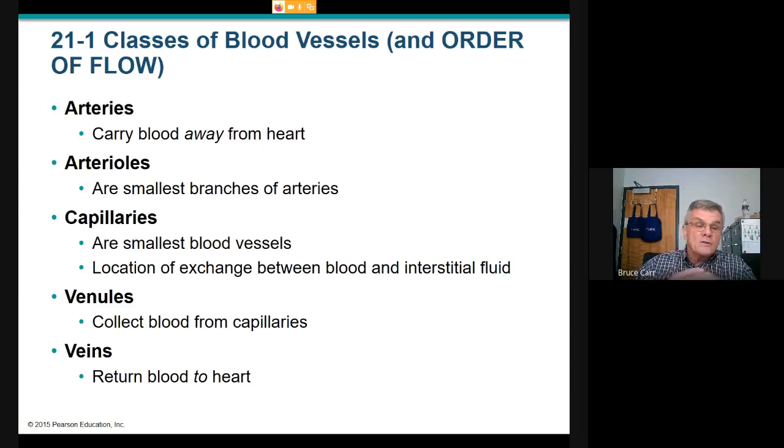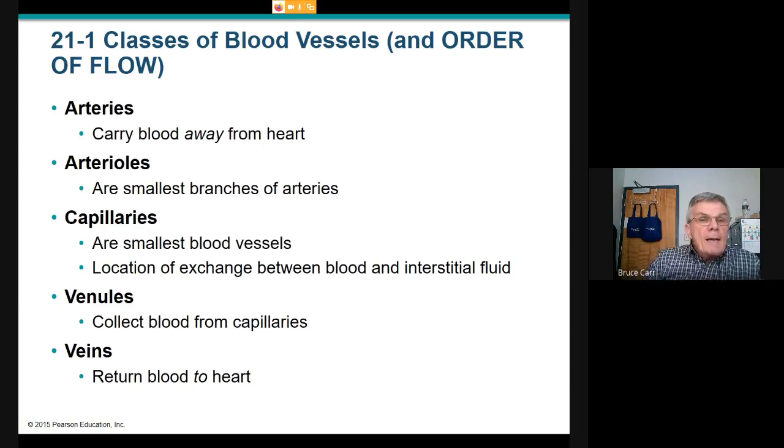Capillaries, our smallest vessels, are the exchange, the permeable vessels, where the actual business of the blood is conducted, giving up the supplies to the living cells, oxygen and nutrients, delivering regulatory chemicals like hormones to a specific region, and pulling in those waste products that are routinely manufactured by every living cell, things like CO2, things like ammonia that's generated if you're dealing with proteins and other waste products.